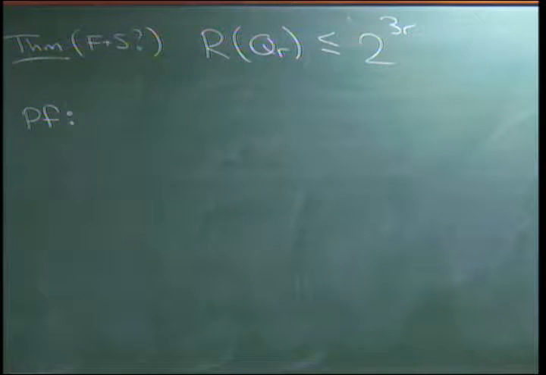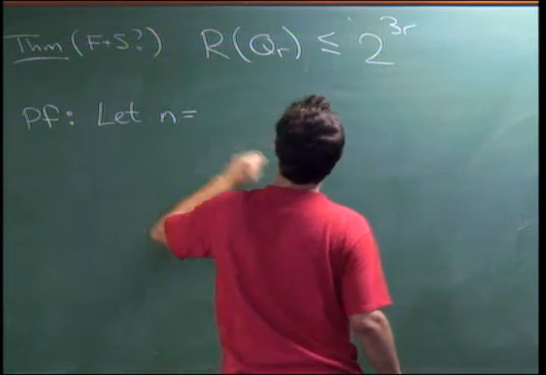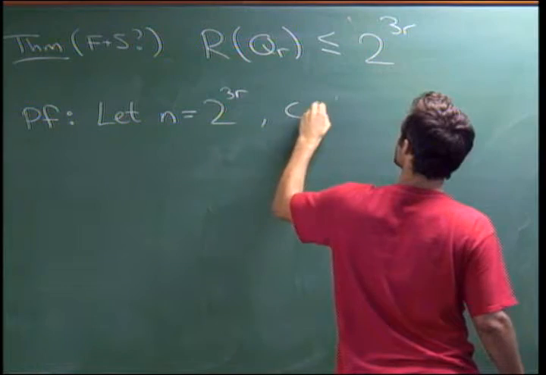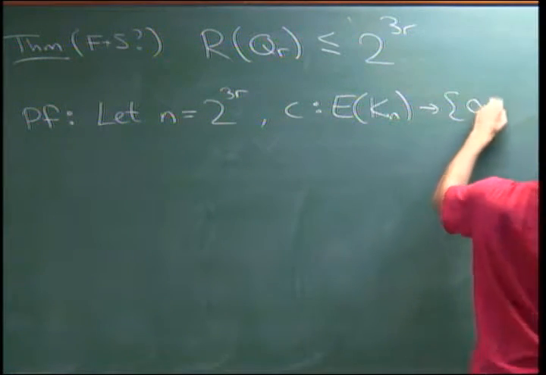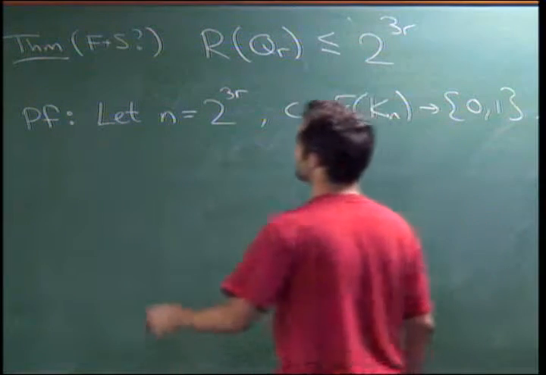So what do we want to prove? Now let n be 2 to the 3r, and let C be a two-coloring of the edges of K_n. What we want to prove is that there exists a monochromatic copy of Q_r in this coloring. And the first step is completely ridiculous.